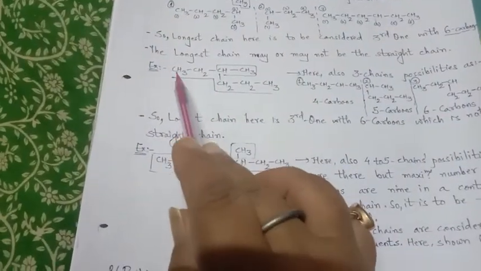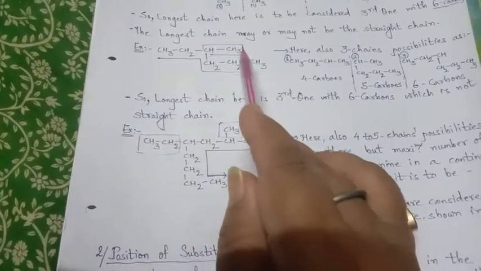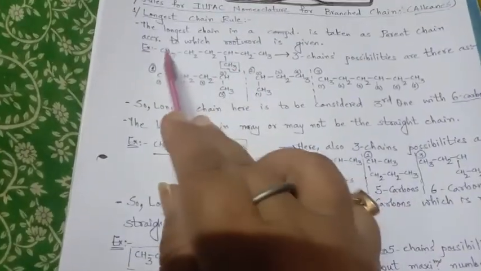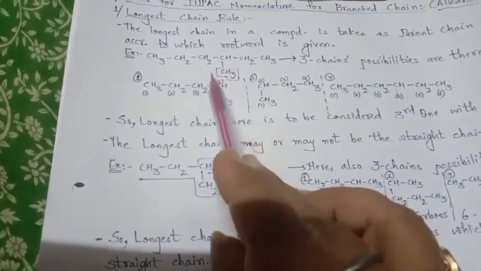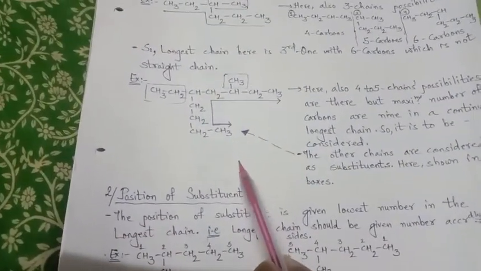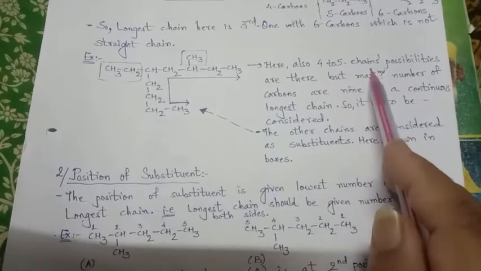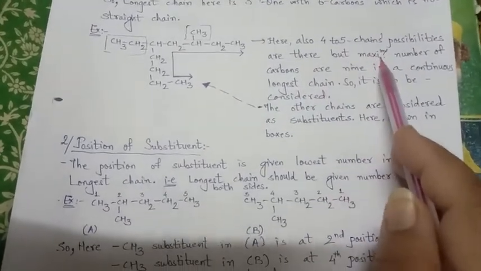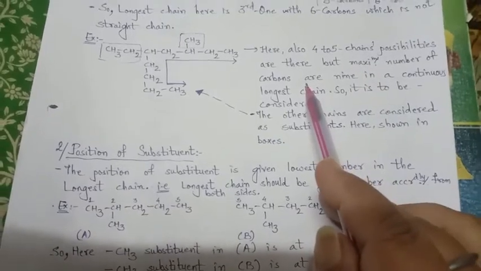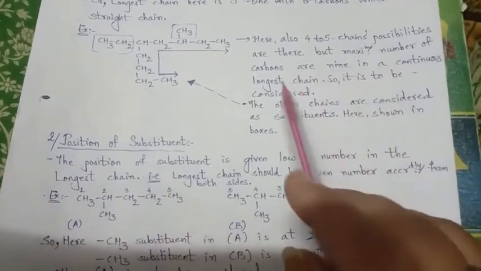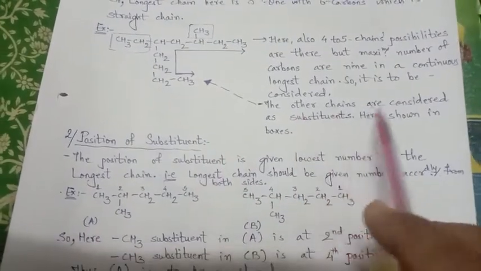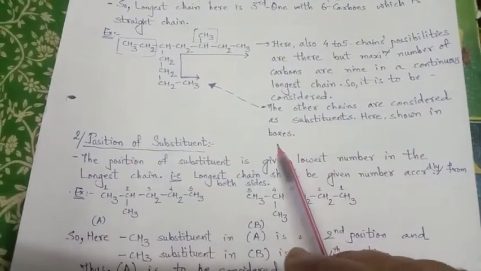If I consider this from here to here, then this one will be the substituent. If we consider this the longest chain, then this is the substituent. Here also we have 4 to 5 chain possibilities, but we are supposed to consider the maximum number of carbons, and there are 9 in a continuous longest chain, so it is to be considered, and the other chains are considered as substituents.